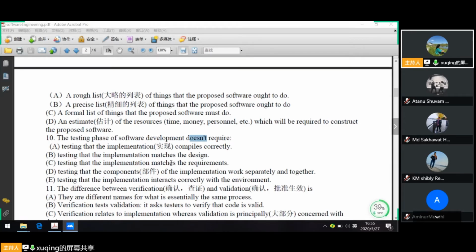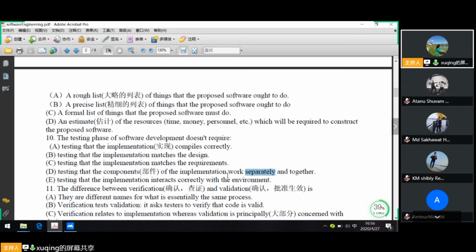It corresponds to the second exercise. Matching with requirements is the most considered factor when developing acceptance criteria. So, sure, we need to test that the implementation matches the requirements. For C, testing that the components of the implementation work separately and together. Here, we need to make the difference between components and unit.